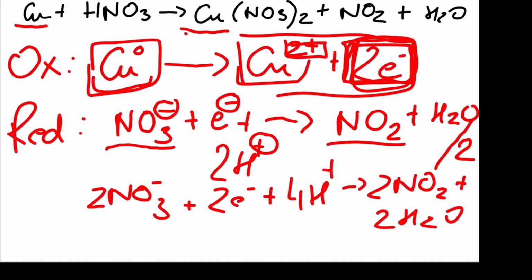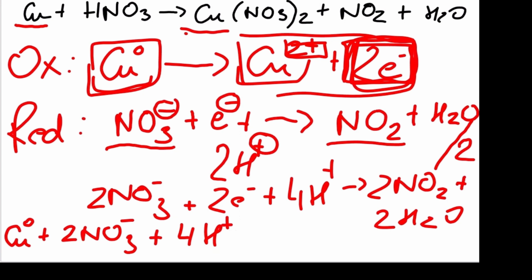Okay, so now we can write the total overall reaction. 1 atom of copper plus 2 nitrate anions plus 4 hydrogen cations gives us 2 particles of nitrogen dioxide plus 2 particles of water.